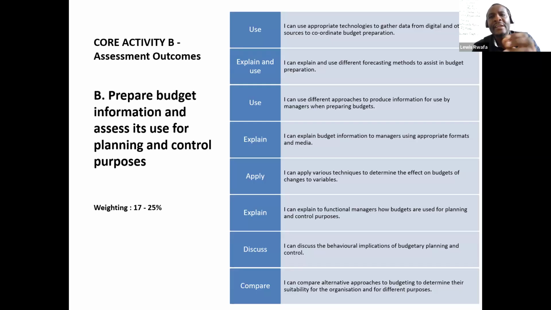Now, I need you to understand and to be able to remember the different forecasting methods. Before we start talking about how Halfpenny can use them, I need you to be able just to understand the different forecasting methods. I need you also to understand the different budgeting methods. Currently, ask yourself, which method is Halfpenny using? Incremental budgeting?